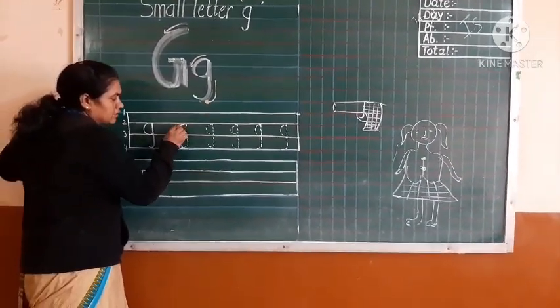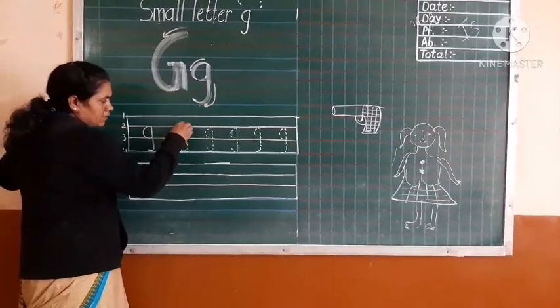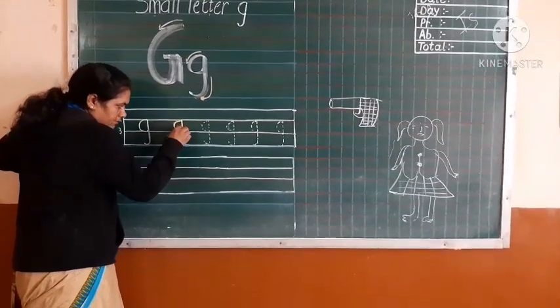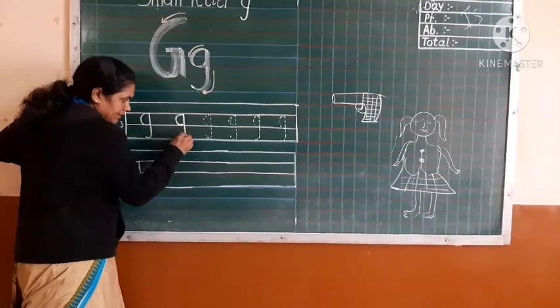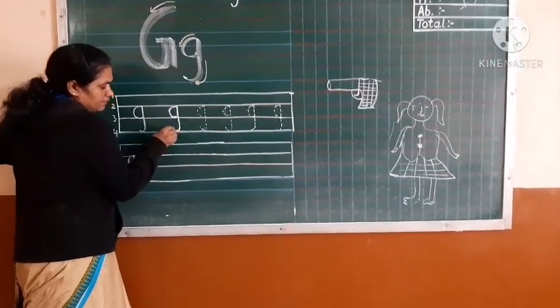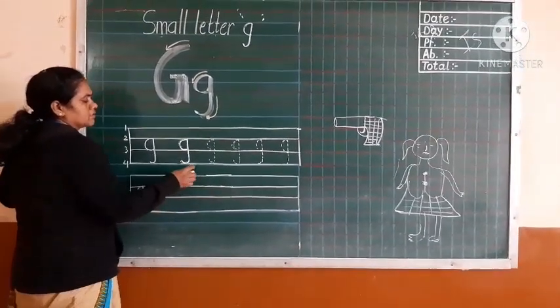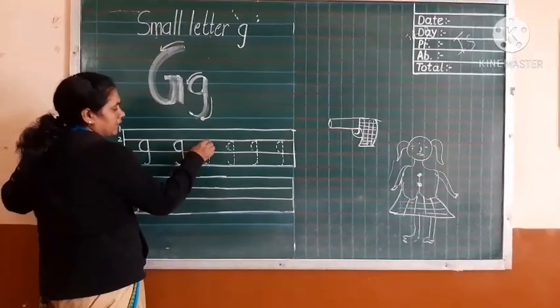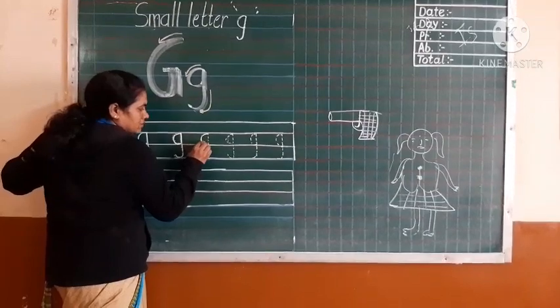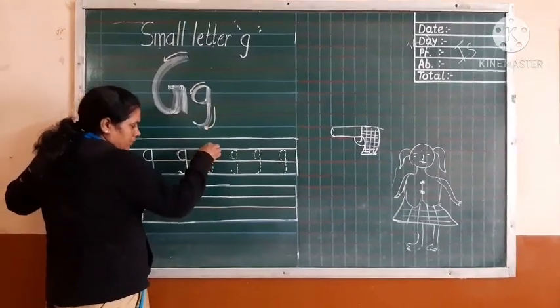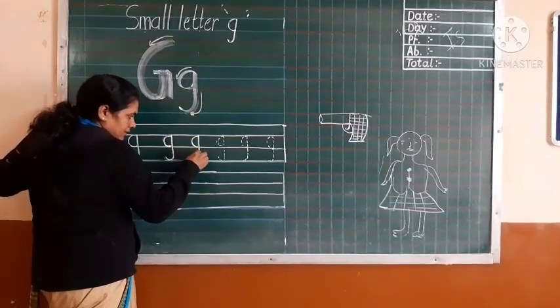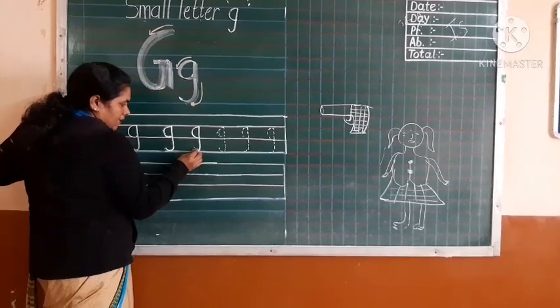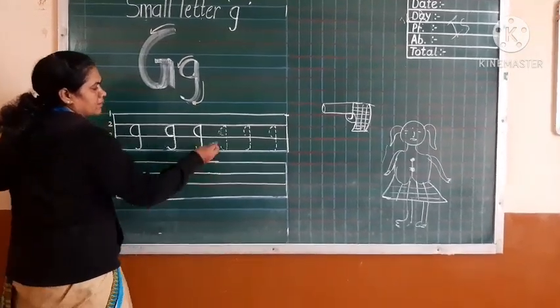First, little curve up to down side, standing line and little curve. This way we have to trace small letter G. Again, first little curve, standing line and down side little curve.